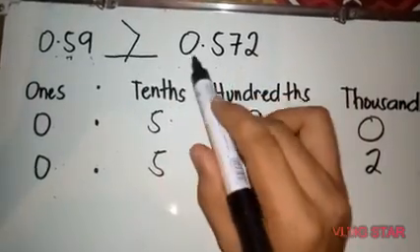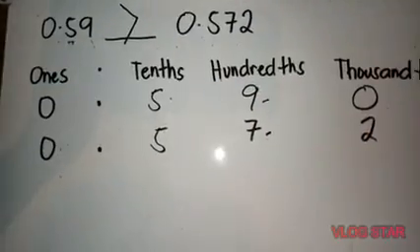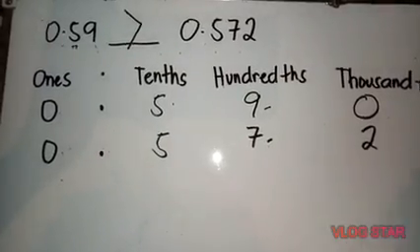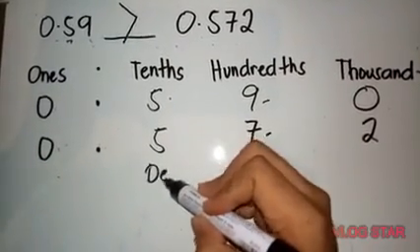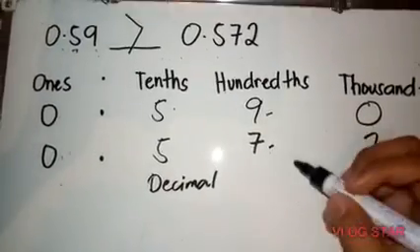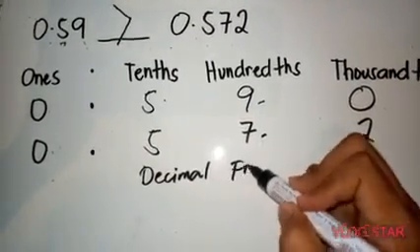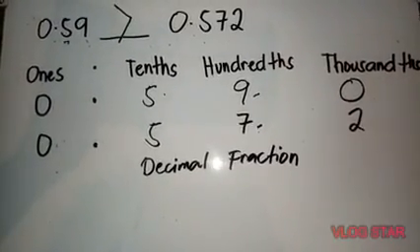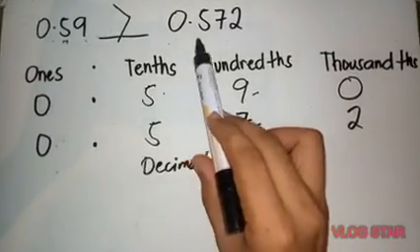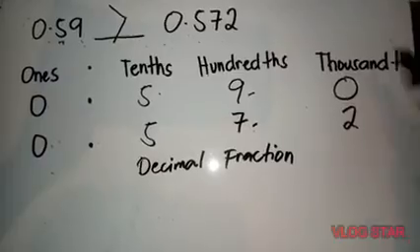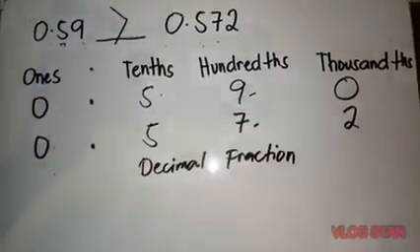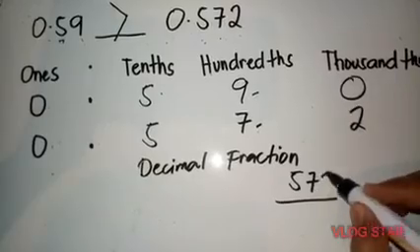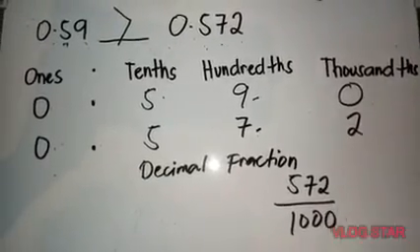0.59 is greater than 0.572. Or we can also write this using decimal fractions. A decimal fraction means that the denominator is divisible by 10. So if we write 0.572 in fraction form, tenths, hundredths, thousandths, we can write this as 572 over 1000.